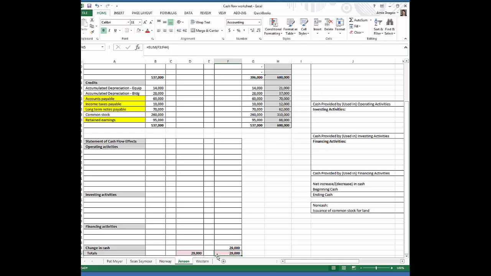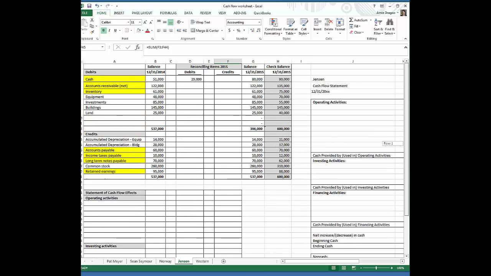Checking this as you go will save you a lot of headache because you'll catch a mistake earlier rather than later on. Let's see, accounts receivable is next. To make this balance, I need 13,000. That will make this balance. And accounts receivable will be down in the operating section as an adjustment to net income.